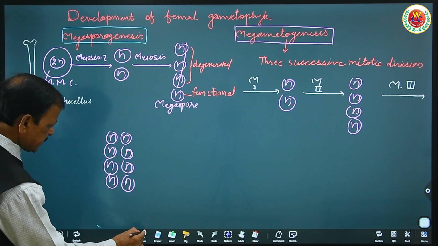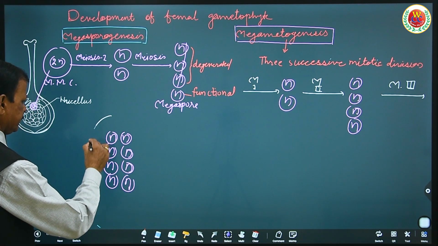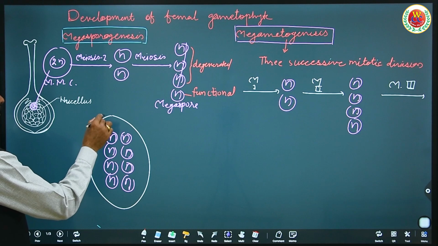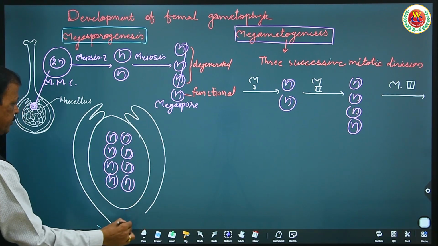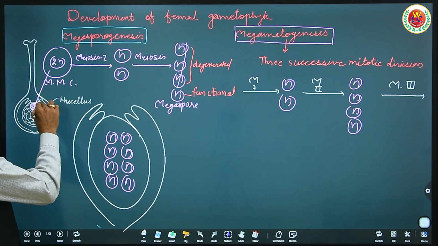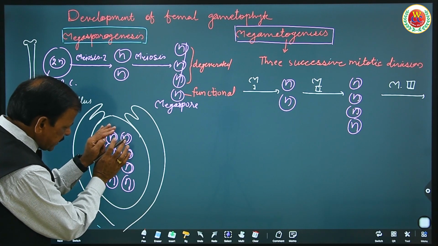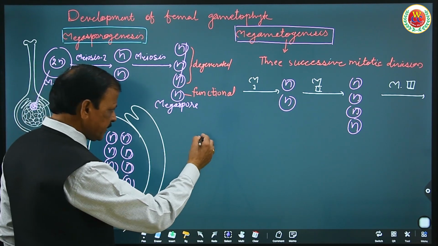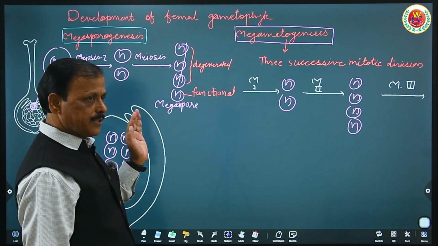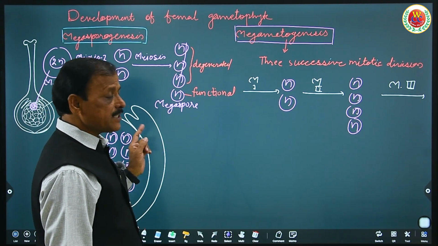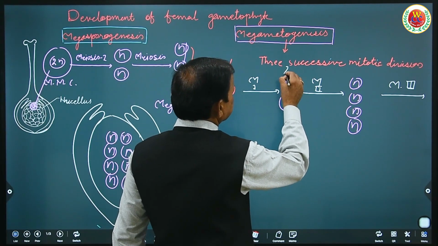So I can draw this diagram here to have the understanding. Inner integument and outer integument as usual. Here these are the integuments. Now these are the 8 haploid cells, where karyokinesis is not followed by cytokinesis, it is purely free nuclear division.